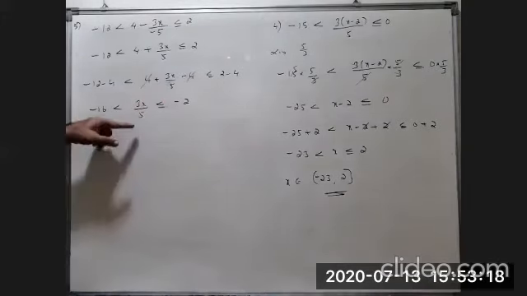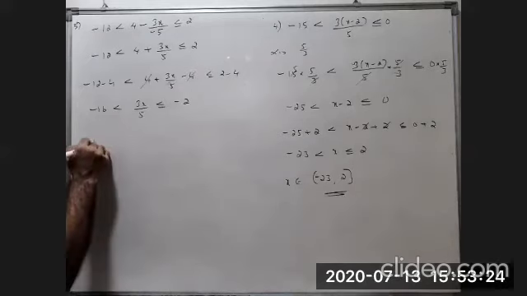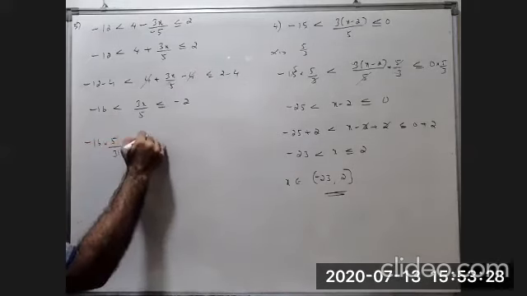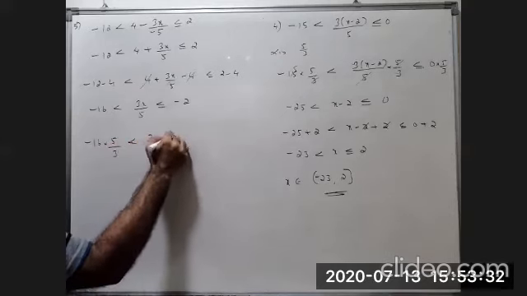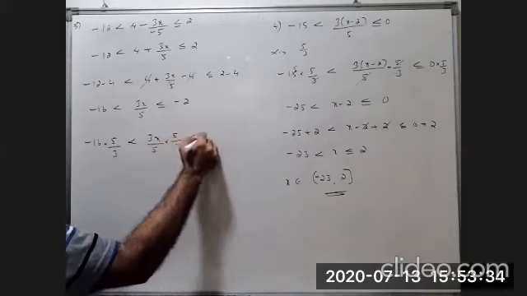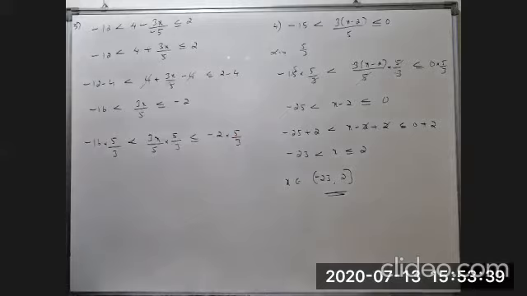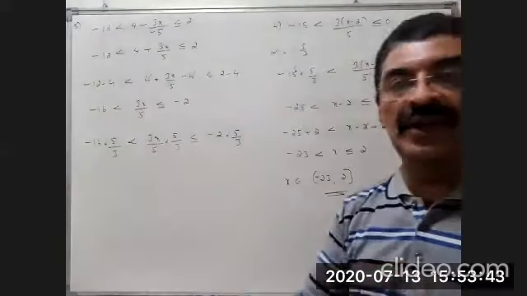Now multiplying by 5 by 3. Minus 16 multiplied by 5 by 3 less than 3x by 5 multiplied with 5 by 3 less than or equal to minus 2 multiplied with 5 by 3. If we multiply by a negative number, then only we need to reverse the inequality.